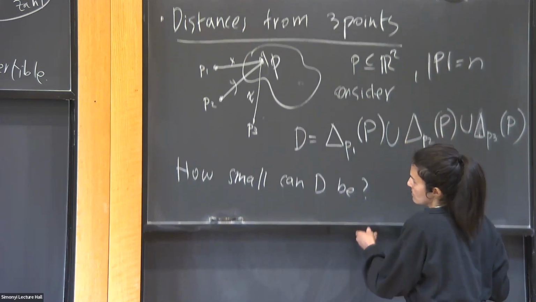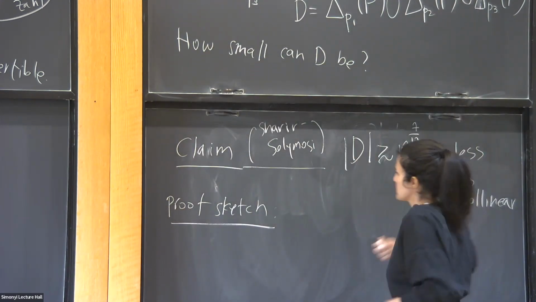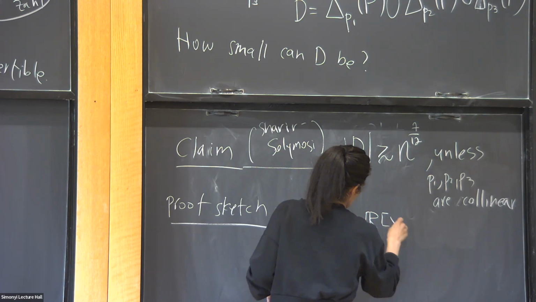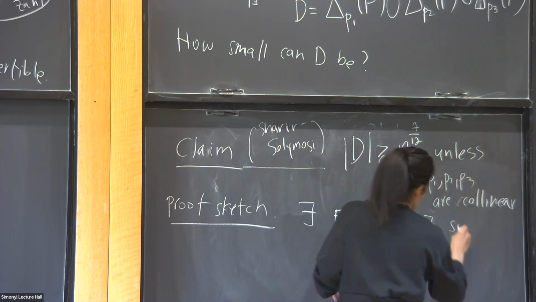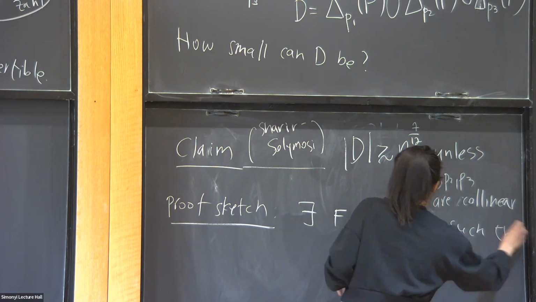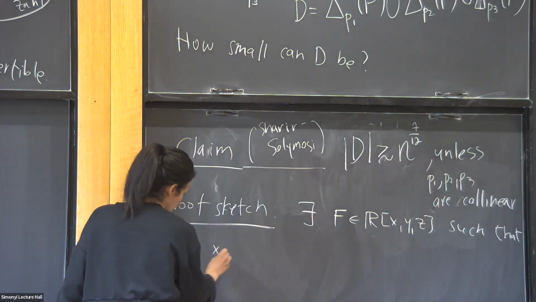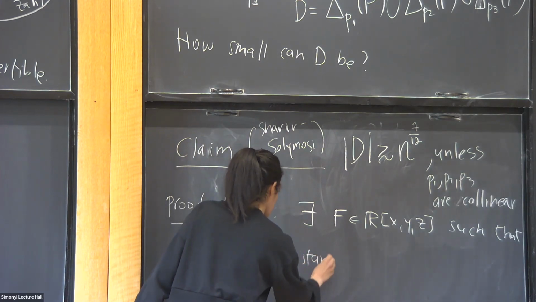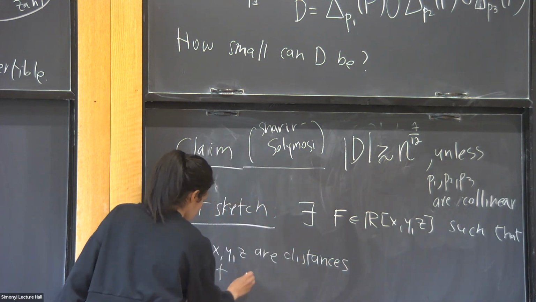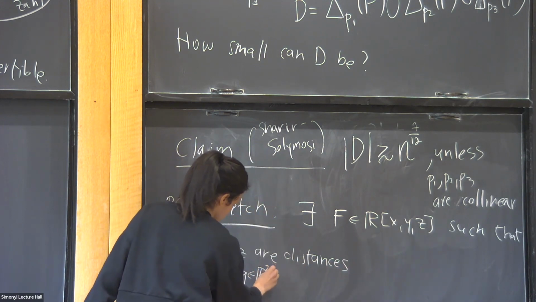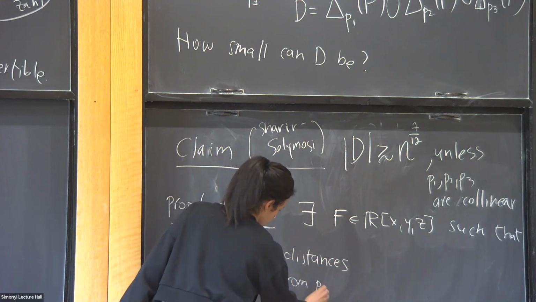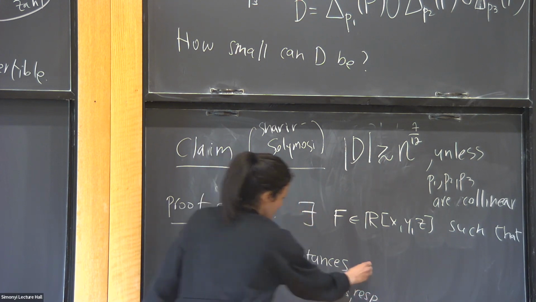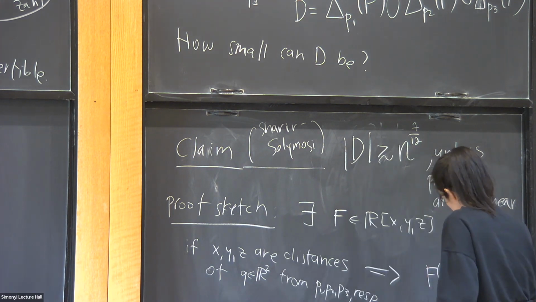So from this, it's not hard to see that there is a polynomial. So there exists a polynomial of 3 variables such that if X, Y, and Z are distances of a point Q from P1, P2, and P3 respectively, then this polynomial has to be 0.